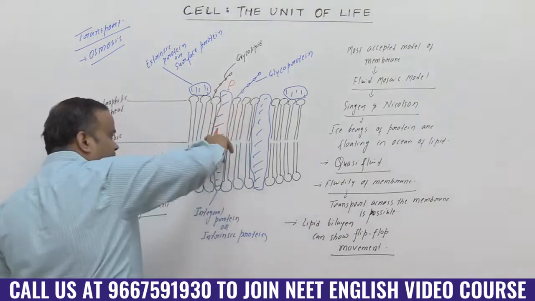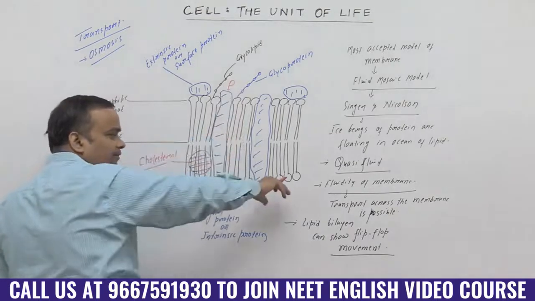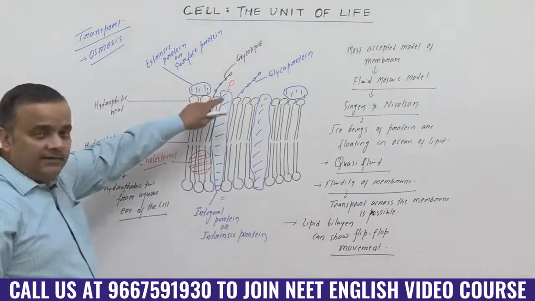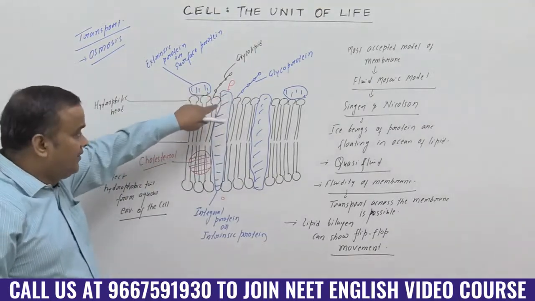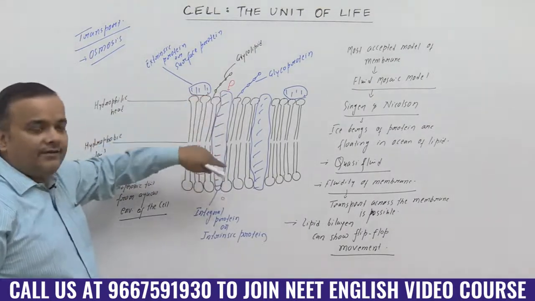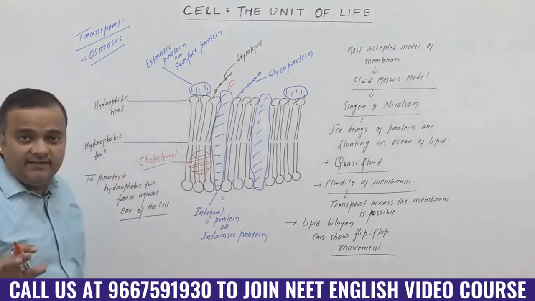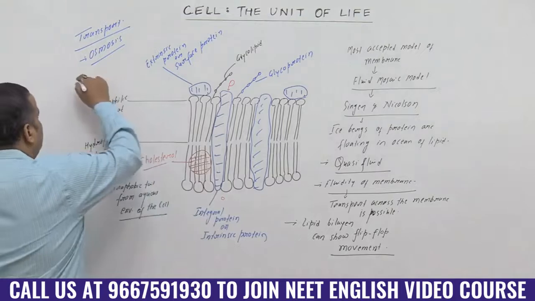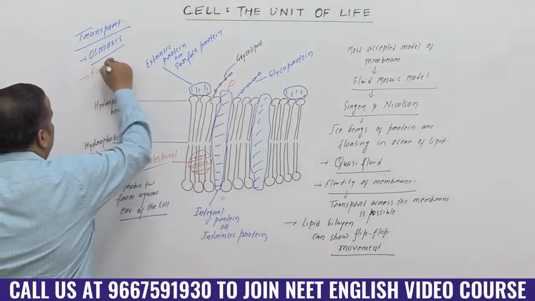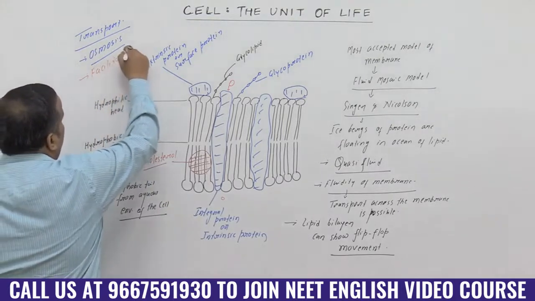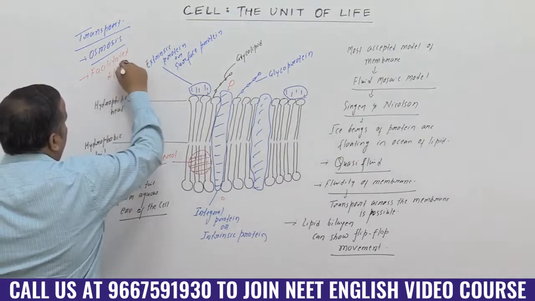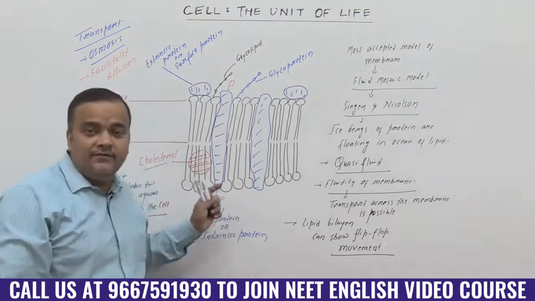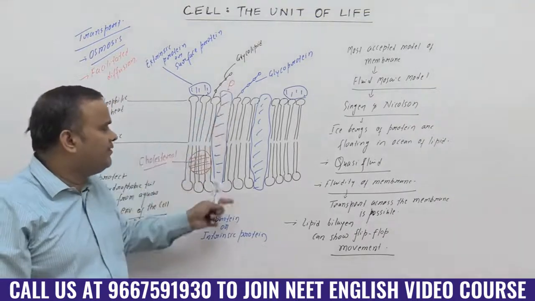Now this protein molecule will rotate like this because of the fluidity of the membrane, and deliver that molecule towards this side. This protein facilitates the movement of this molecule across the membrane along the gradient, not against the gradient, from the higher concentration to the lower concentration, and this is known as facilitated diffusion.